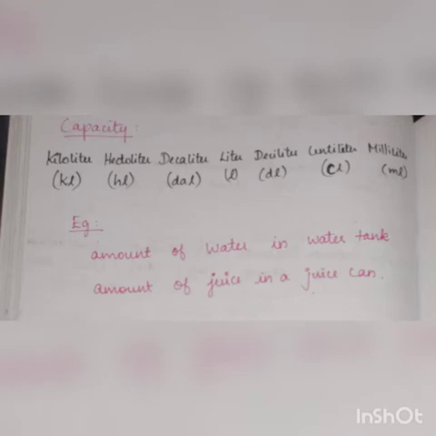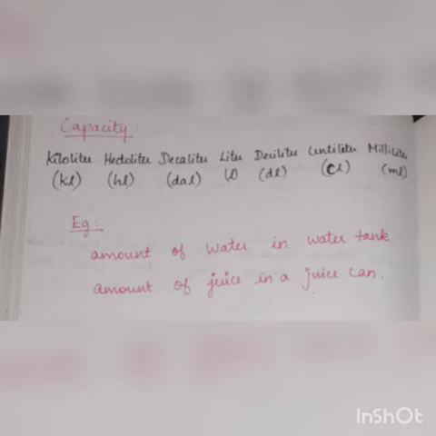So here the highest is kiloliter, hectoliter, decaliter, liter, deciliter, centiliter, milliliter. Kiloliter is our largest unit and milliliter is our smallest. So kiloliter is on the left side, milliliter is on the right side. Actually, we are going to measure this.